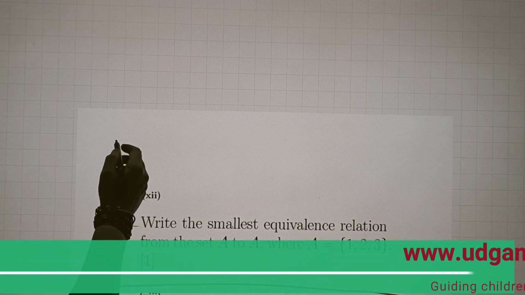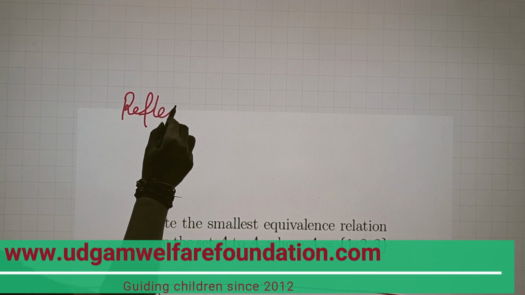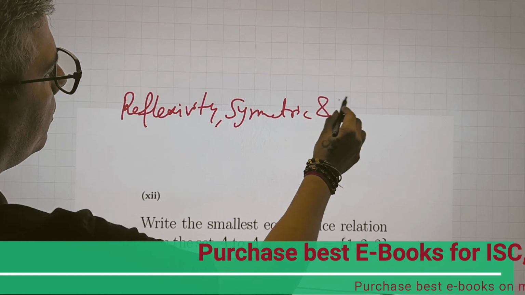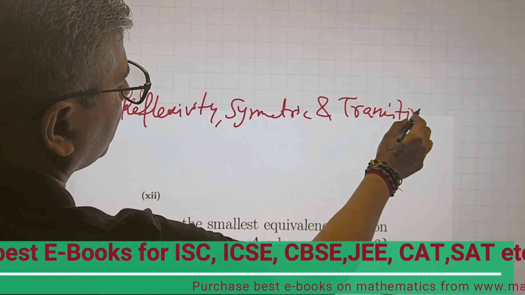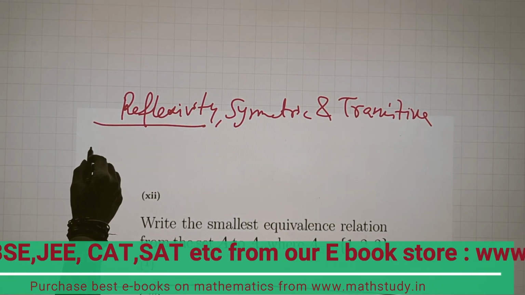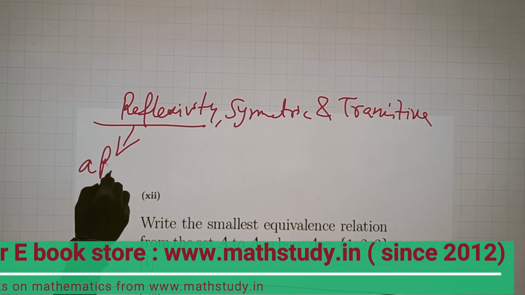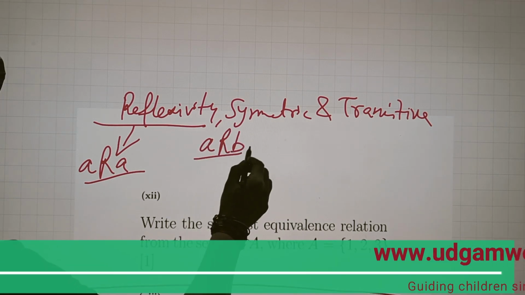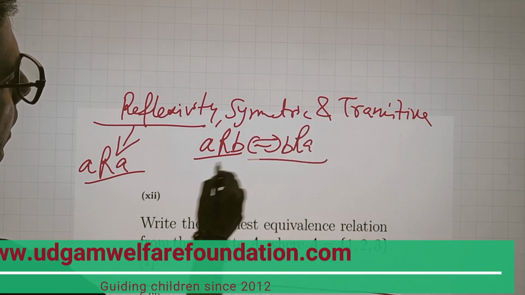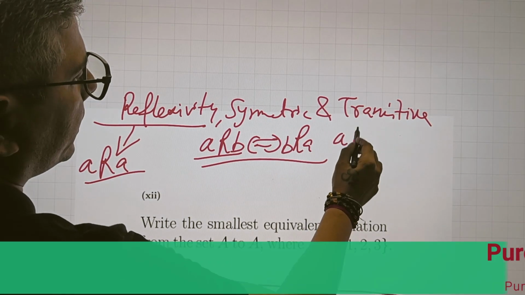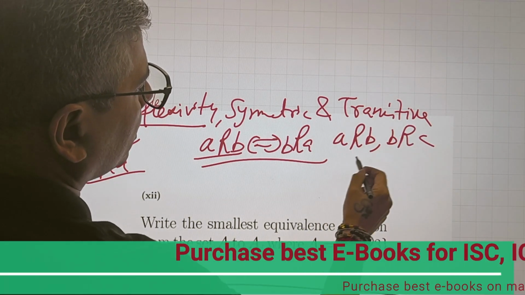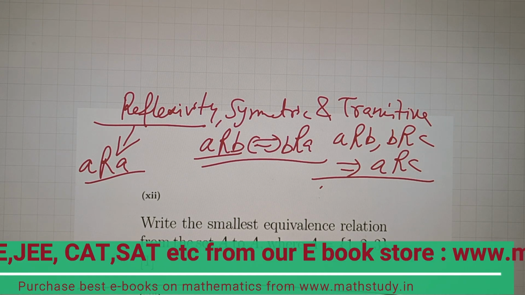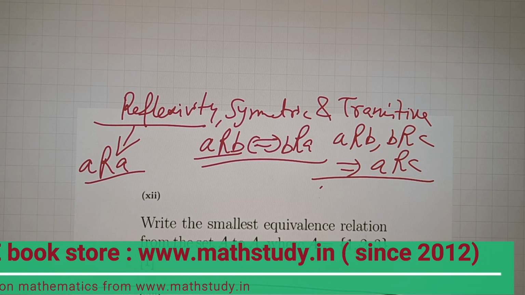As we know, an equivalence relation must follow reflexivity, symmetry and transitivity. Reflexive means every element should be related to itself; here A relates to A. Symmetry: if A relates to B, then B relates to A. For transitive, if A relates to B and B relates to C, then A should relate to C. So for the smallest equivalence relation, all the elements should satisfy these three conditions.